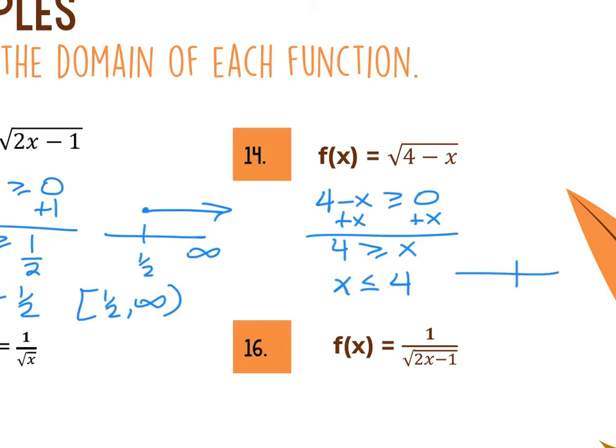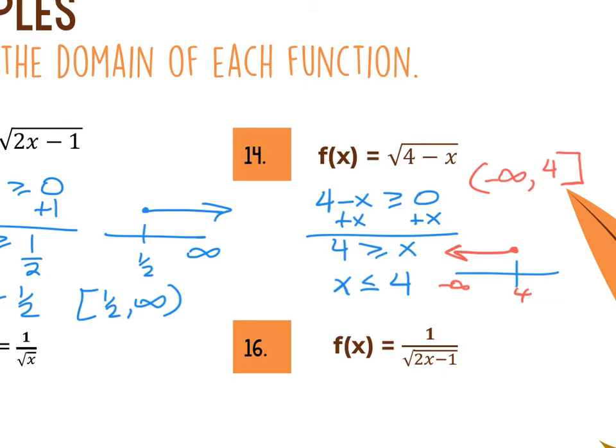So this would be a closed circle going to negative infinity because it's less than. So this would be negative infinity with the parentheses, comma 4 with a bracket. Because I moved it around, my inequality symbol reversed.